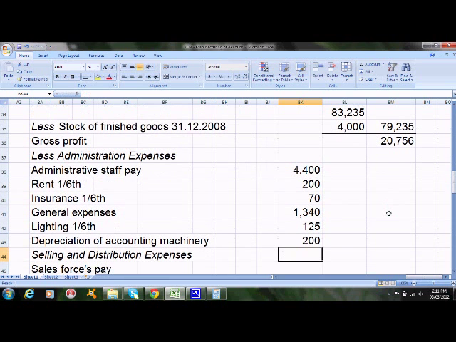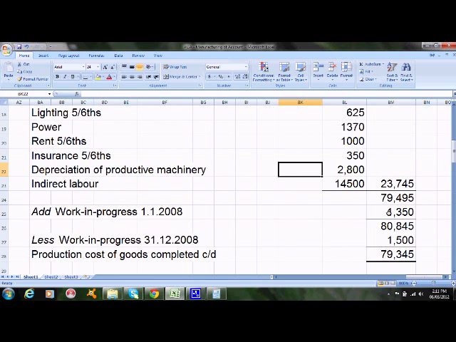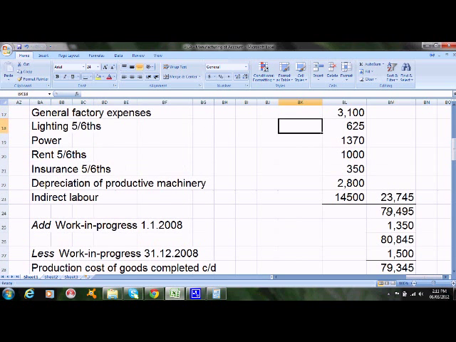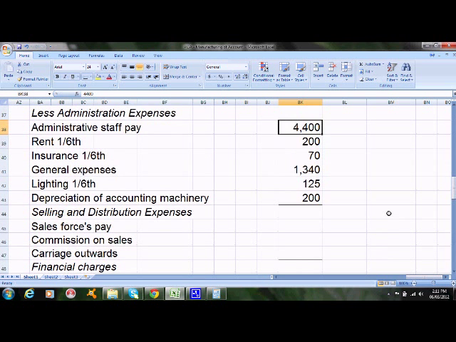You notice that the productive machinery goes up under production overheads, and the accounting machinery goes under administration. Please note that, friends. When you add up everything, you get the total for administration expense, which is 6,335.